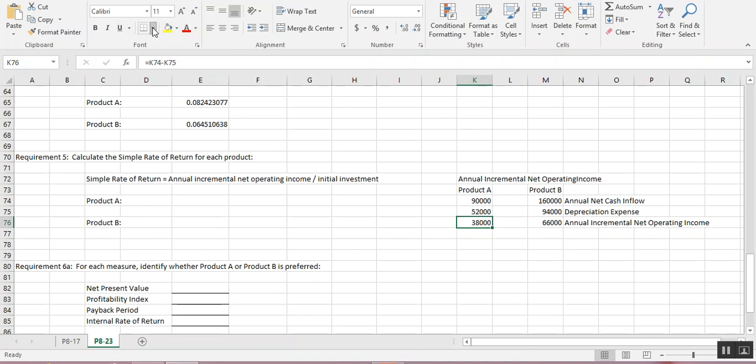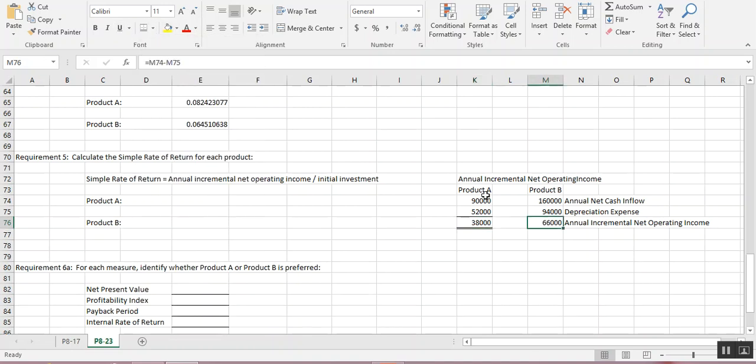So let's see, let me mark that. All right, so now we can do our calculation now that we've calculated an annual net operating income.